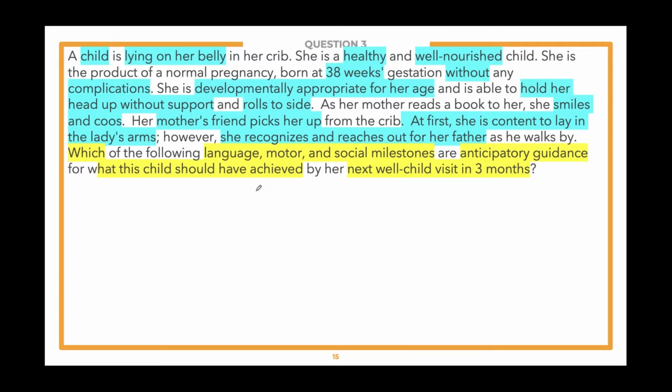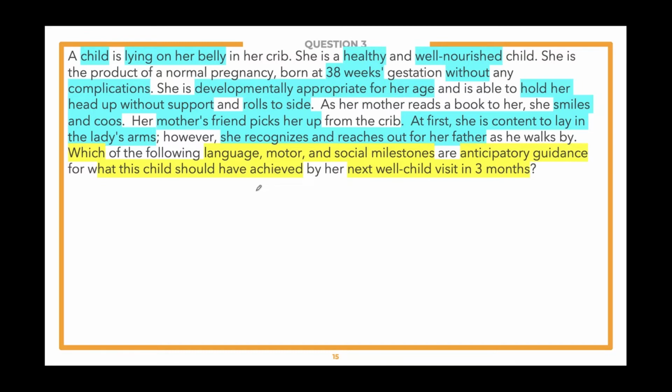So then they're asking us, what milestones will this child have achieved at the next visit in 3 months? So I think one, we've got to figure out from this question, where is the child milestone-wise right now? And then in 3 months, what milestones should they have met in an additional 3 months? So I think we've got a 2-step question here.